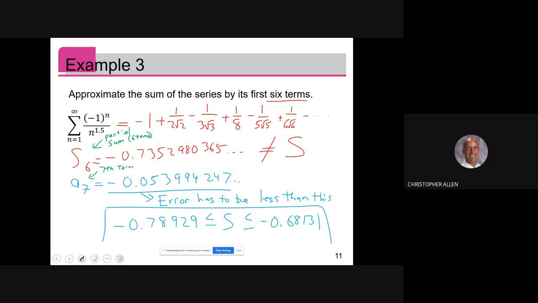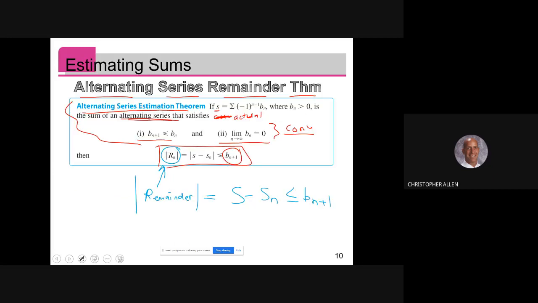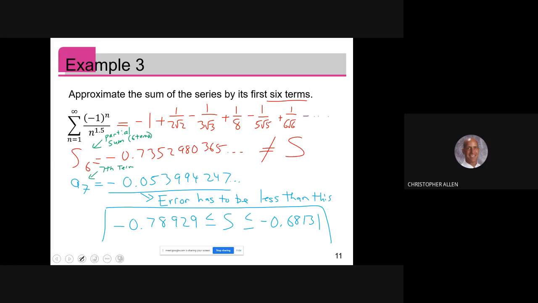Does that make sense? If you take these two negative numbers and add them together, you will get this negative number. But remember, we are dealing with absolute value. Okay, I'm going to go back again. Remember, these were absolute values. Since it's absolute value, it means that I would have to add this amount instead of subtracting, if you will. So this would become a positive amount of error. So if I put a positive amount of error, I'm going to get that negative 0.68131.